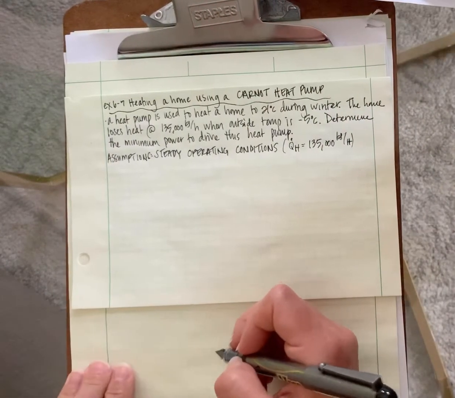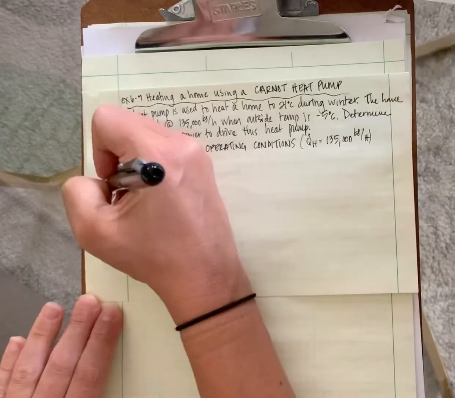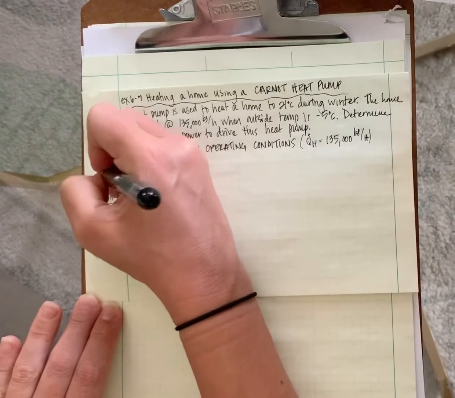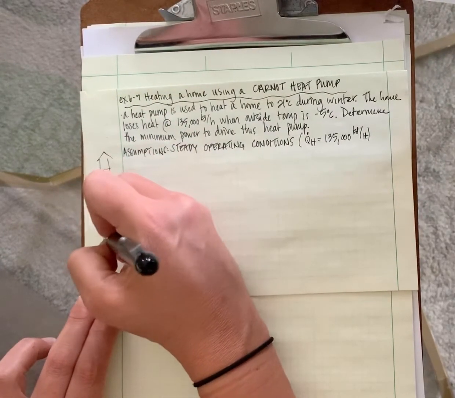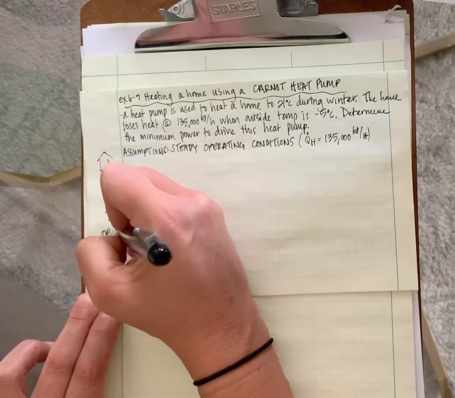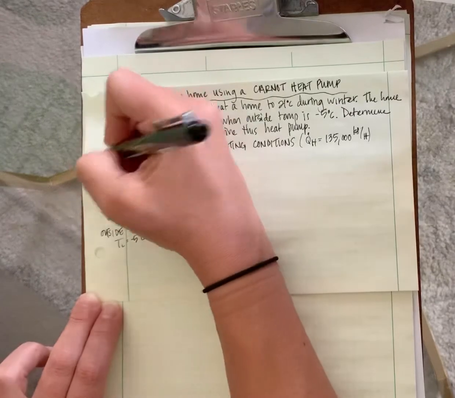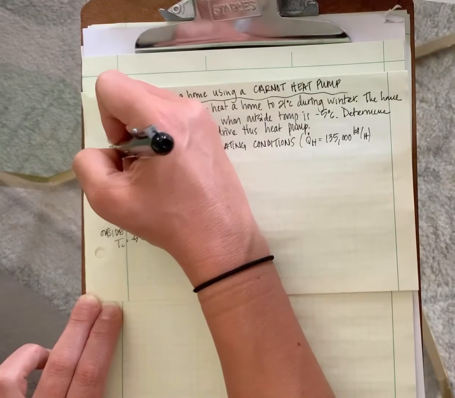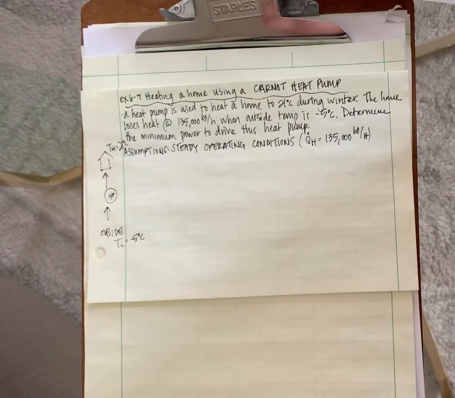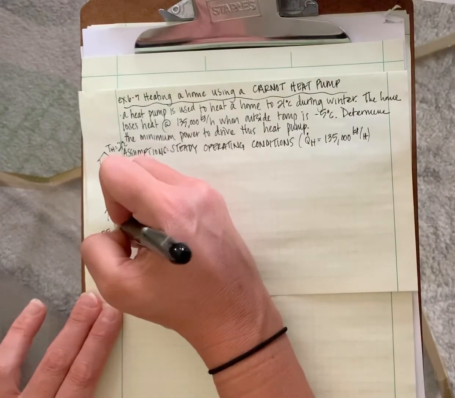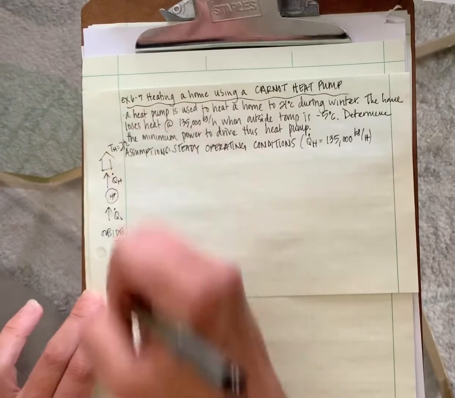In terms of modeling this problem, here we have our heat pump, heating up our home from the outside air. Outside has a temperature of -5 degrees Celsius. Inside the house has a temperature of 21 degrees Celsius. We have our rate of heat transfer from the lower temperature and to the higher temperature.